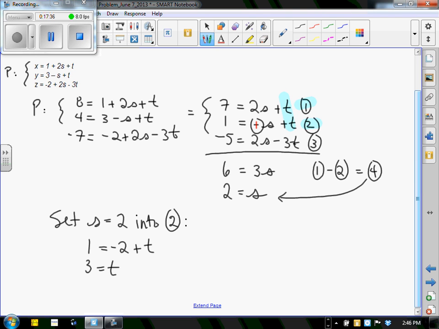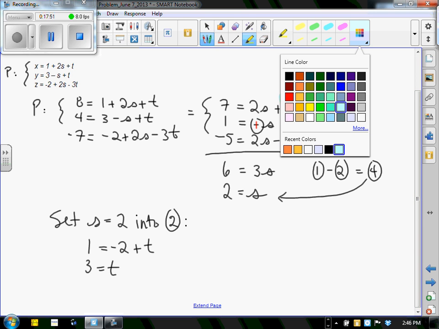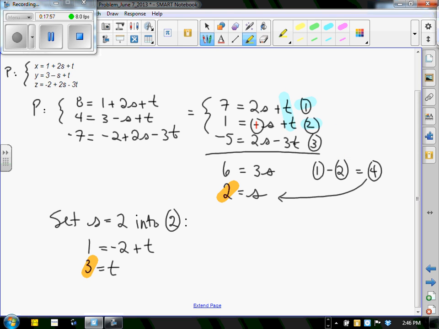Okay, so if s is 2, t is 3, what that means is if we substitute these 2 values into the 3rd equation, okay, so if we take this value and this value here, we bring them back in for s and t.